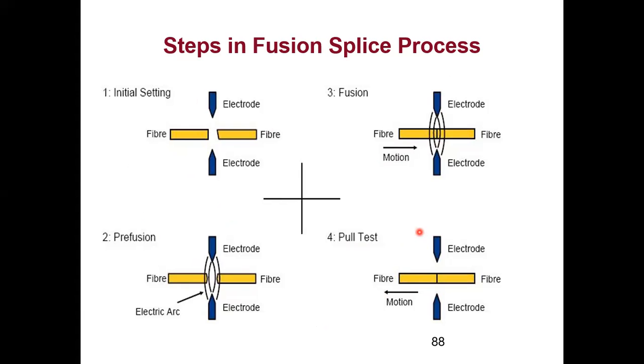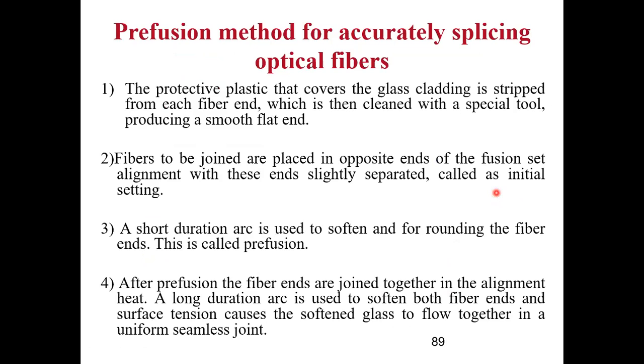When you open the machine, bring the fiber, put the protection sleeve, heat the protection sleeve so that it gets stuck to the fiber. Okay, so initial setting, that is alignment, then prefusion where an electric arc is generated, fusion where the fiber joins, and then the pull test. So these are your 4 steps of fusion splicing.